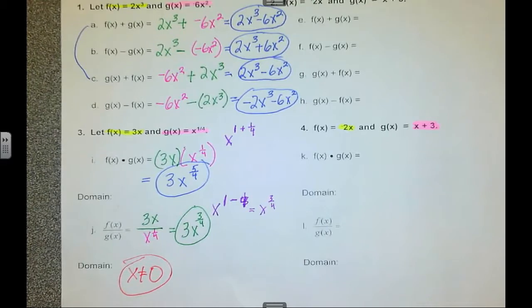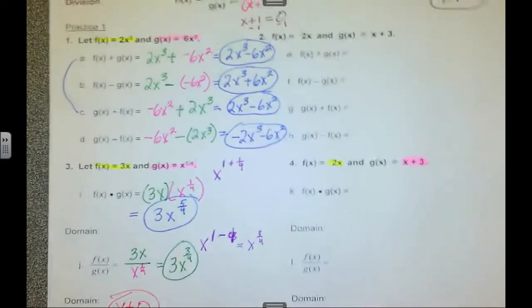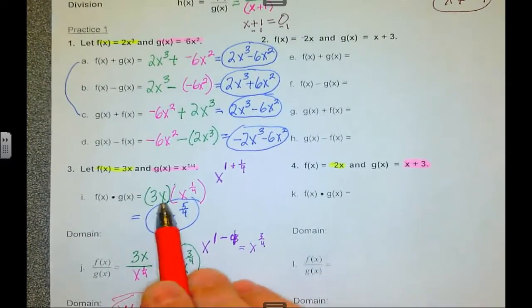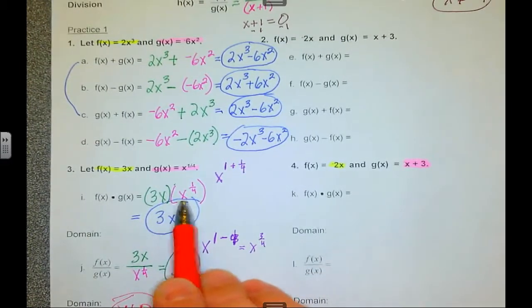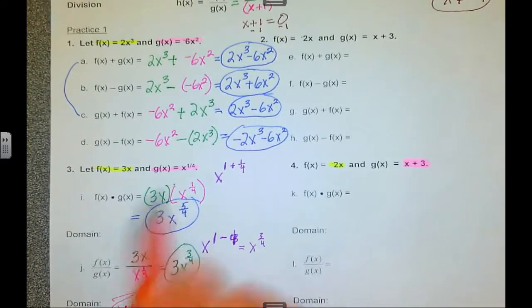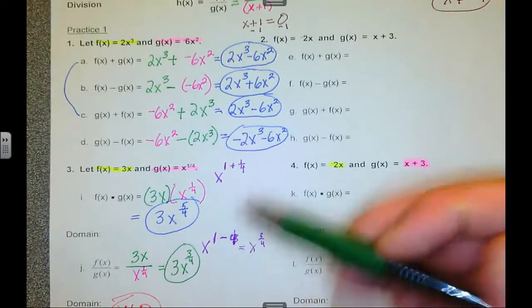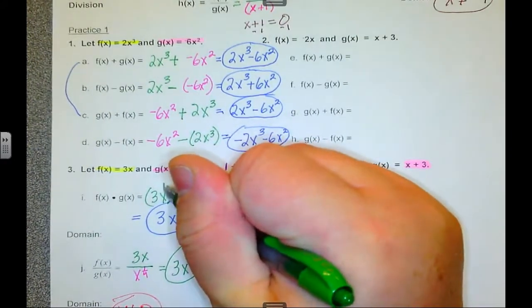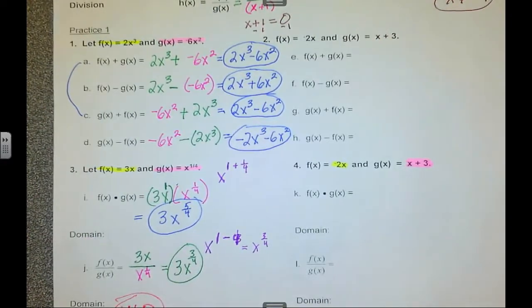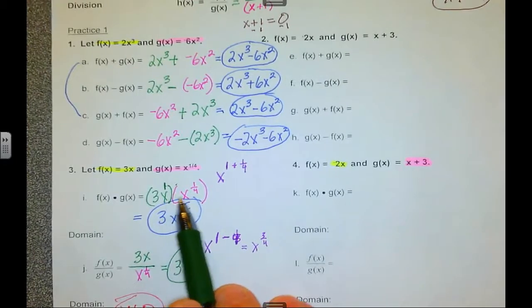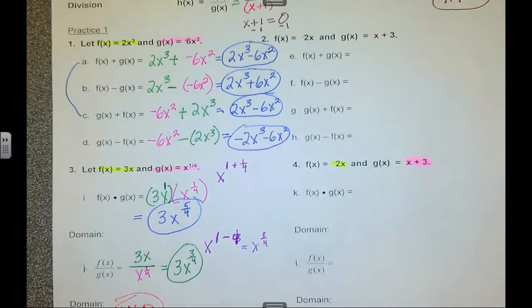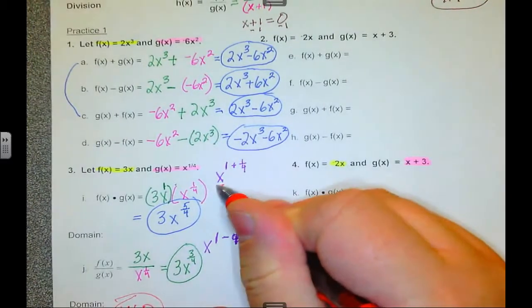When I have the same base, when I multiply with the same base, I add the exponents. So don't forget, if there's no exponent there, it's a 1. When I have the same base, I have x.